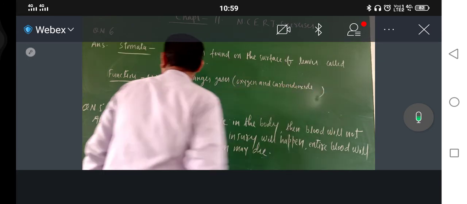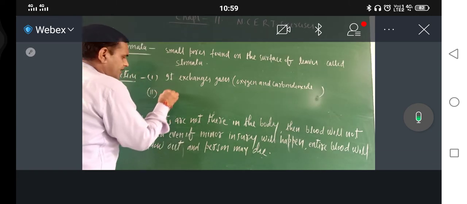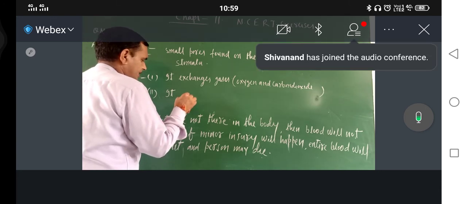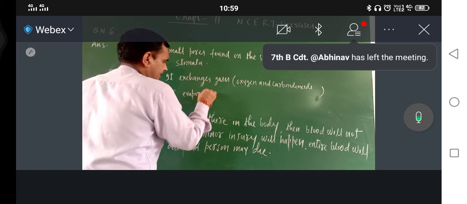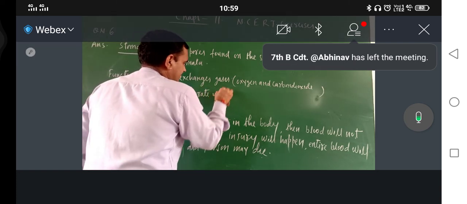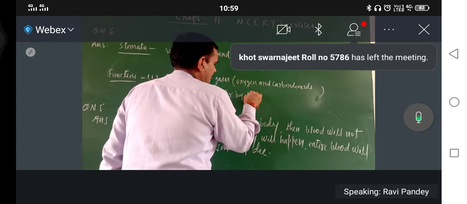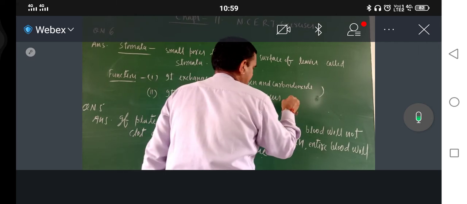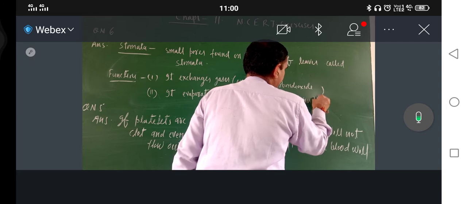Next one: it evaporates water by the process of transpiration.